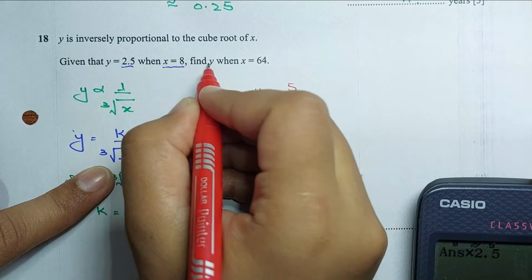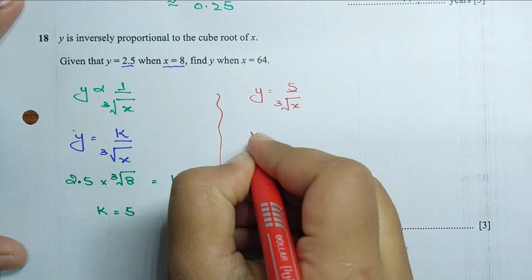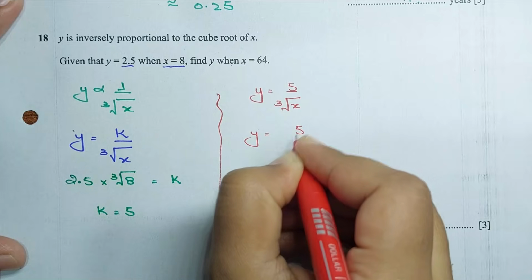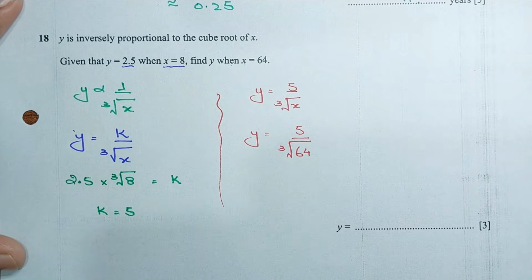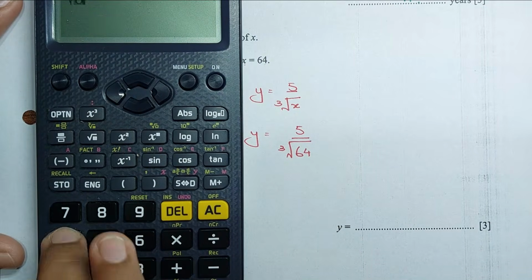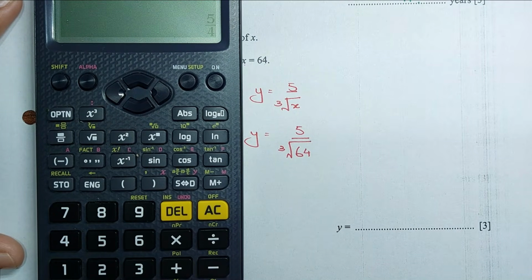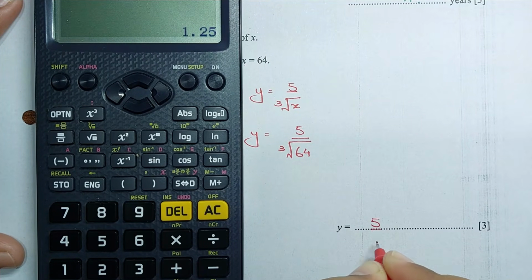Now find y when x is 64. We have to solve for y when you have given the x. y would be equal to 5 over the cube root of 64. So the cube root of 64 is 4, and 5 divided by 4 is 1.25.